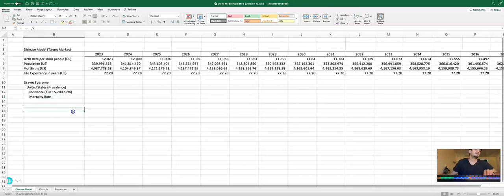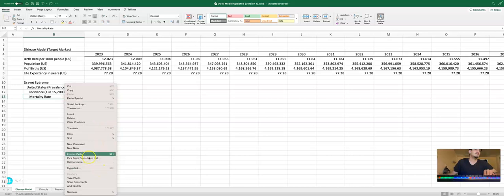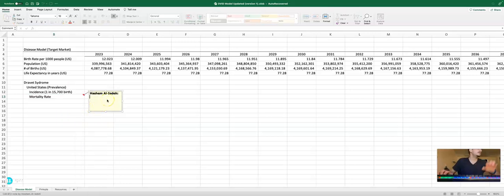Now, there's a lot of stuff here, honestly. I'm just going to add a note because I'm not even sure how I'm going to use this. So this was the mortality rate, 9.32 per 1,000 person years.